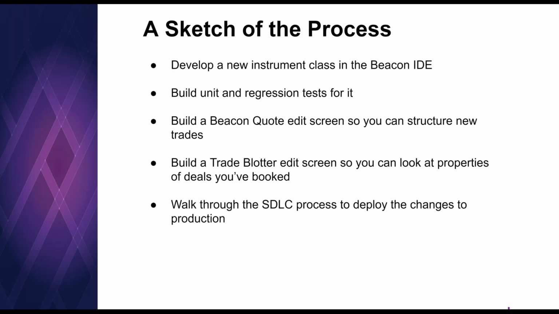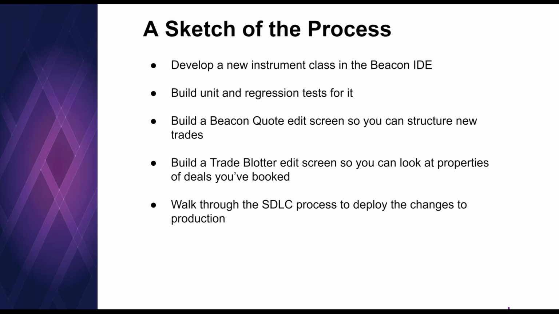As a quick sketch of the process we're going to walk through, first we're going to look at how to develop that new instrument using Beacon's developer tools, and in particular, Beacon's IDE. Then we're going to build unit and regression tests for it and show how that works. Then we're going to implement the user interface for it and show how to make it show up in our pre-trade pricing tool called Beacon Quote. And we'll show how that also lets you use it in our trade management tool called Trade Blotter.